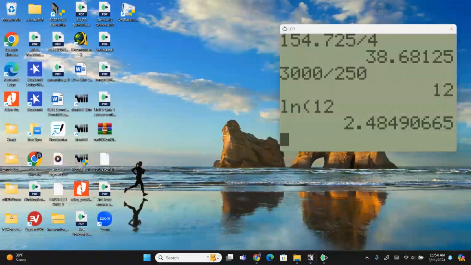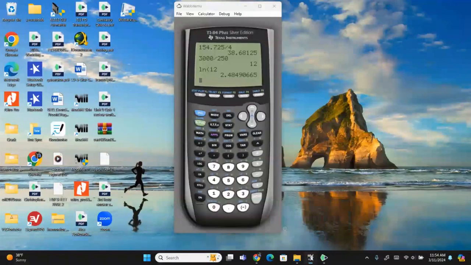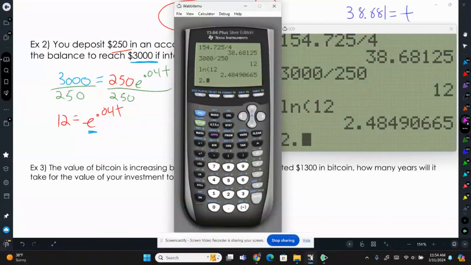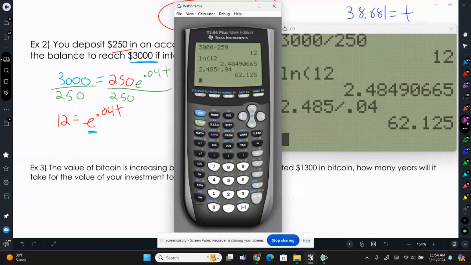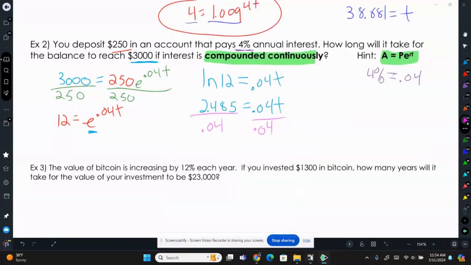2.485 equals 0.04 t. Then we divide both sides by 0.04. 2.485 divided by 0.04 gives us 62.125. T equals 62.125 years.